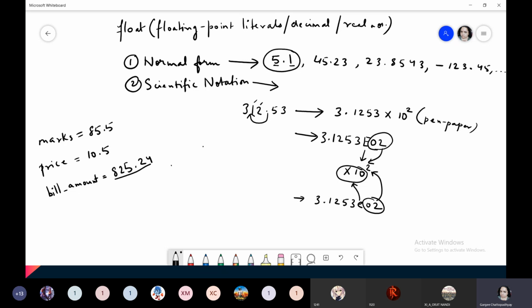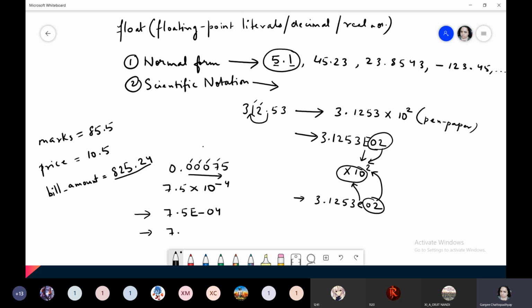Similarly, you have other numbers like this number. I can change it to 7.5 into 10 raised to the power, how much? 1, 2, 3, 4. I'm moving 4 positions towards the right. So this will be into 10 raised to the power minus 4. And how will I specify it in Python? 7.5 e minus 0 4.